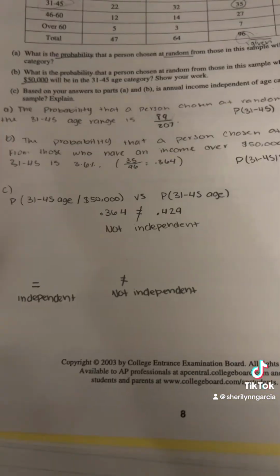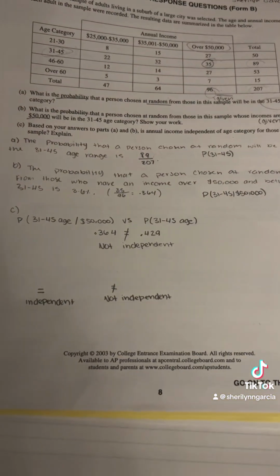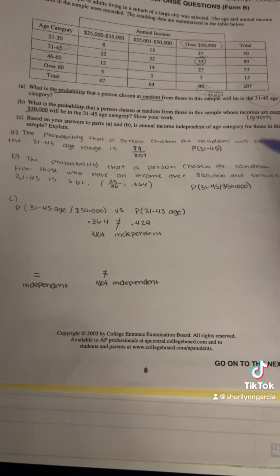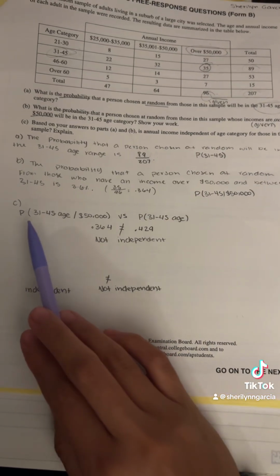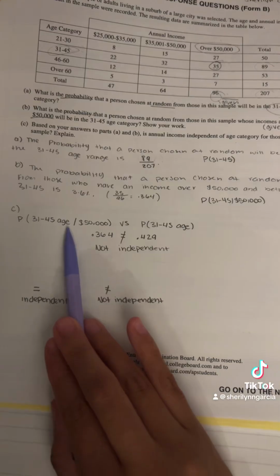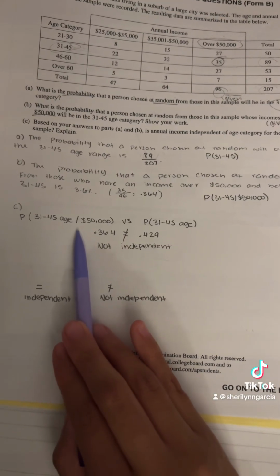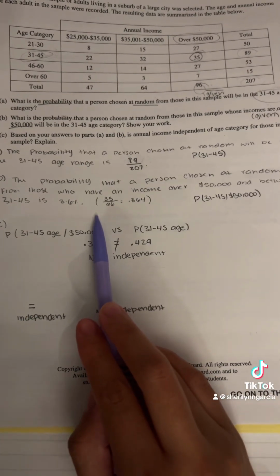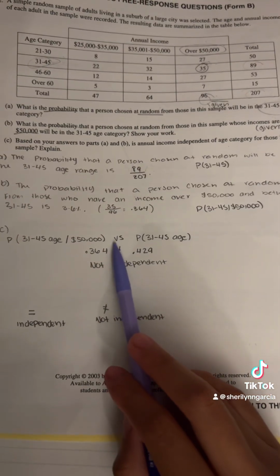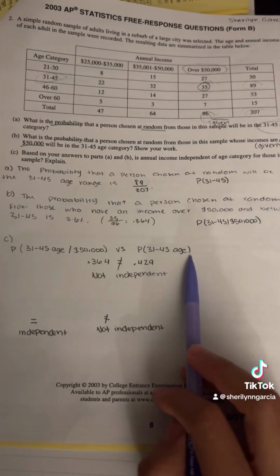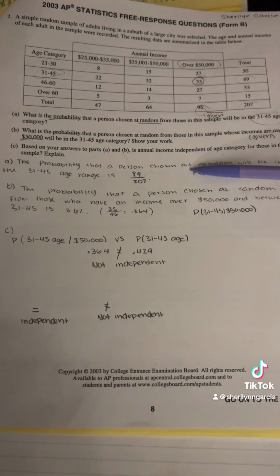Basically, how you're going to solve this is, it's easier for you because you already did the work. What you're going to want to do is the probability of 31 to 45 age, and this little line means given that they earn over 50,000. That's what we did in this one. And then you're going to compare it to the probability of just being 31 to 45, which is what you did here.